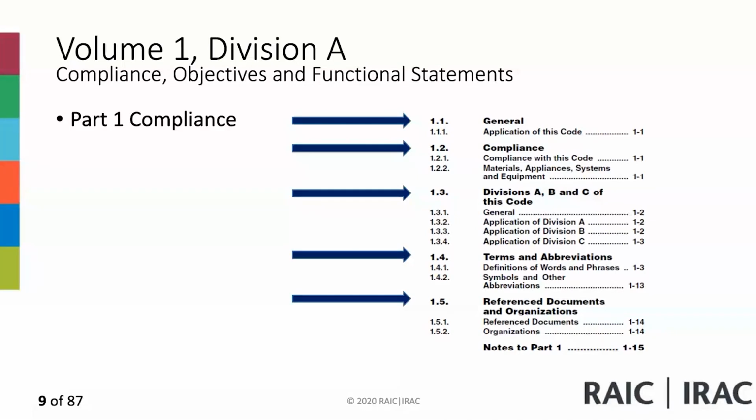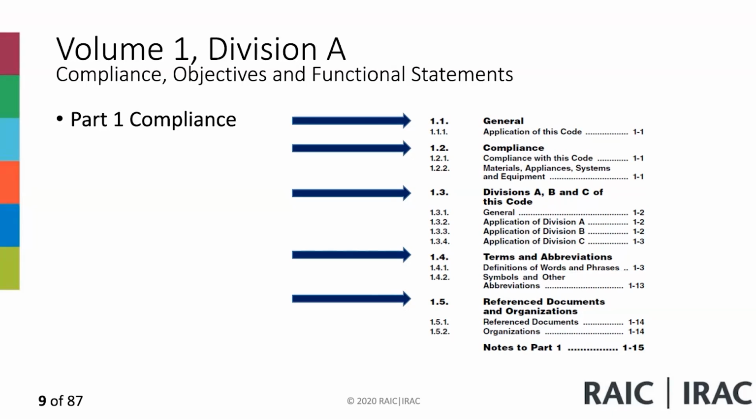So the application of the building code is essential to find which division applies to what type of building. You've got to make sure that you are familiar with Division A Part 1 compliance. Also in this part, we will find terms and abbreviations. There are defined terms in the building code. As you will see later, these are terms in italics. If you go to Section 1.4, terms and abbreviations, you will see a list of all the defined terms, and they are in italics and will remain in italics in the code.